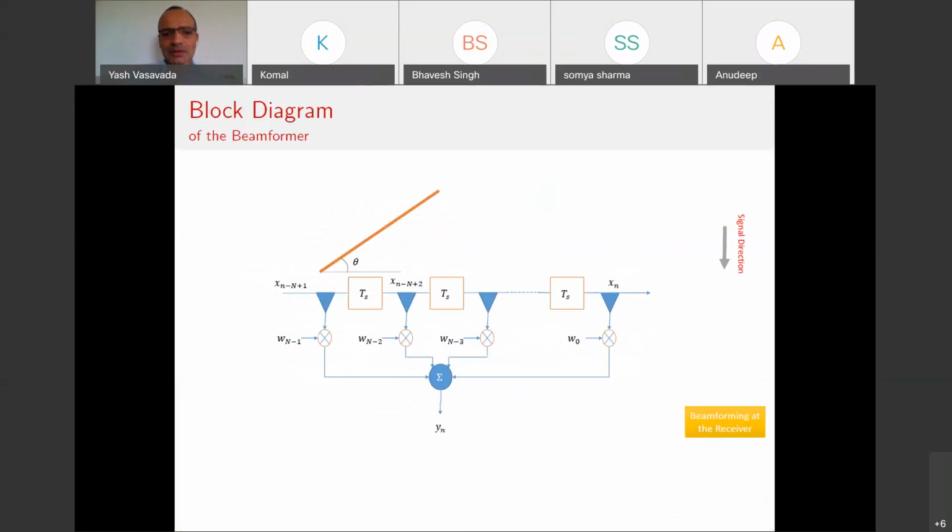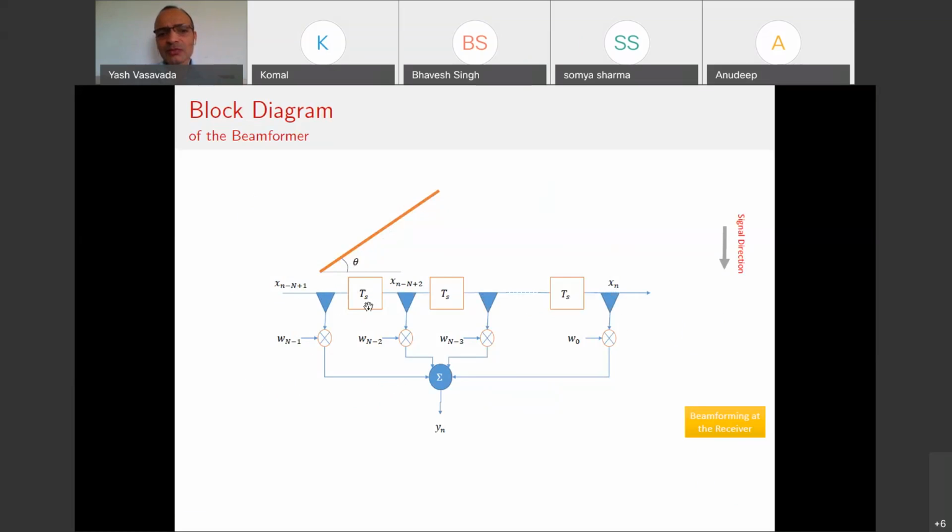This is the very first diagram that I think we have seen in one of the earlier lectures. This is just showing the uniform linear array. There is some RF wavefront impinging on this array at some angle theta, and it takes some time t of s to propagate from the first element to the second element and so on.